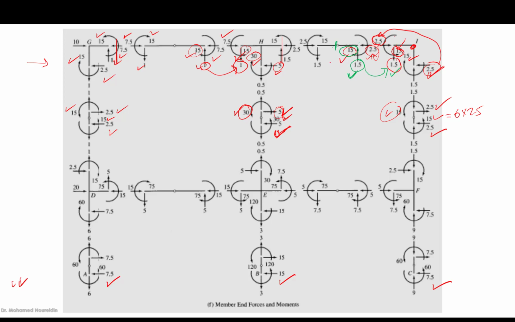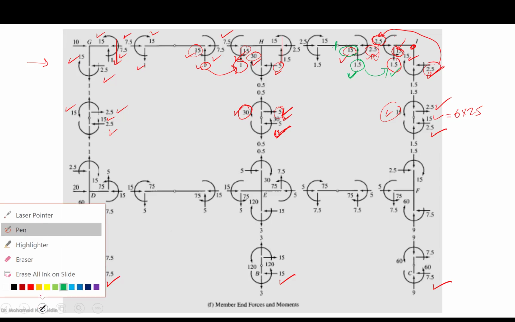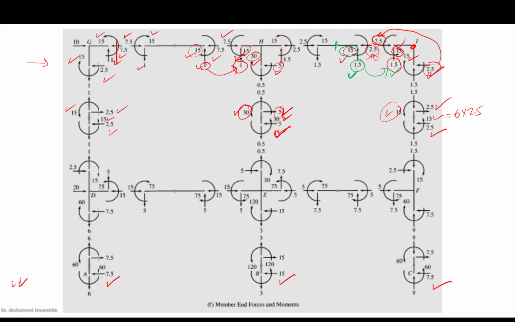Okay, and then here for the girder, let's continue with the same color. For the girder, this is 1.5. Definitely this would be 1.5, unknown for us, from the summation of the vertical force. 15 moment here, 15 moment here with the same sense.